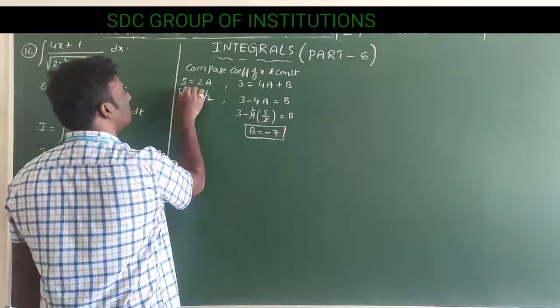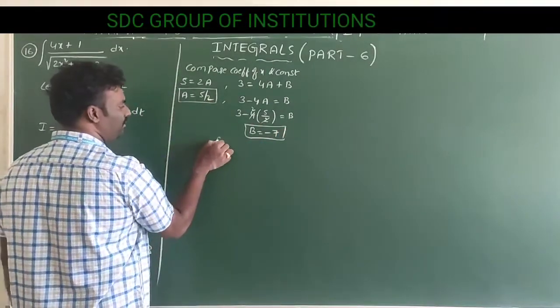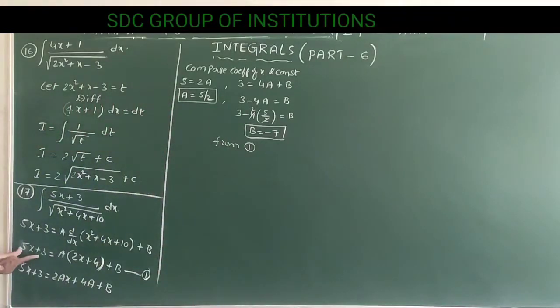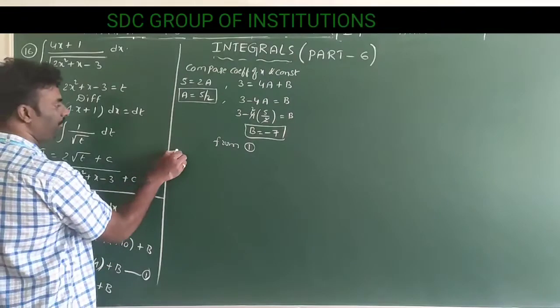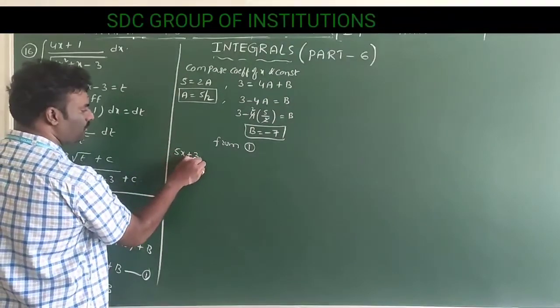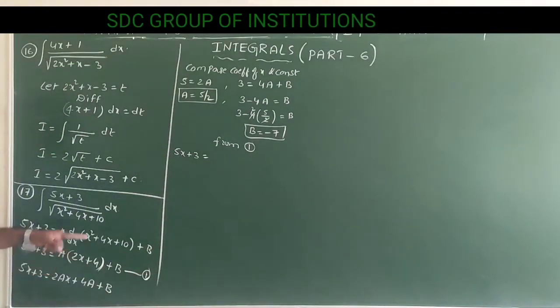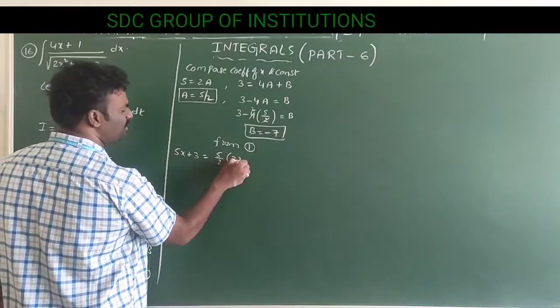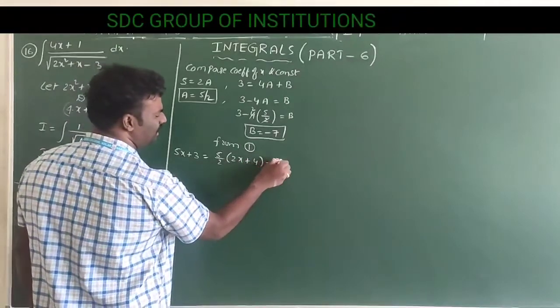Okay. Substitute this a value, b value in equation 1. From equation 1, left side we have 5x plus 3 is equal to a, that is 5 by 2, into 2x plus 4, plus b, that is minus 7.